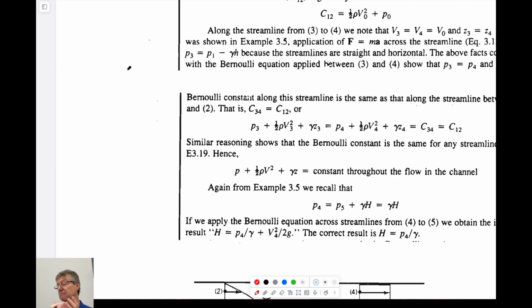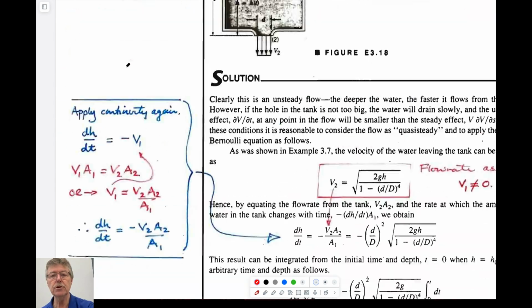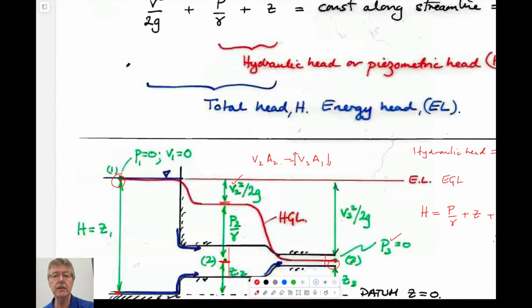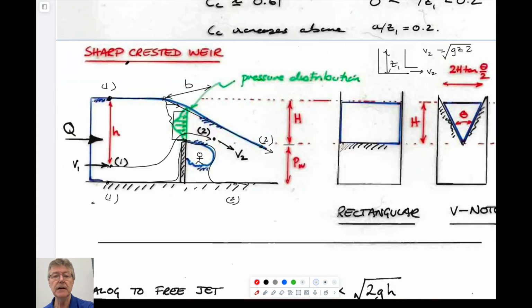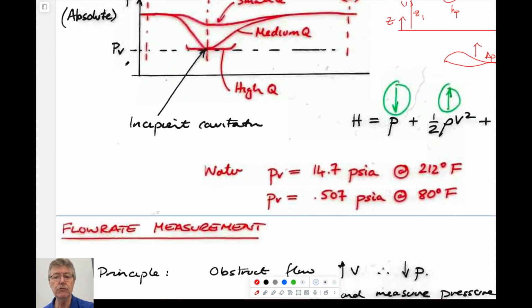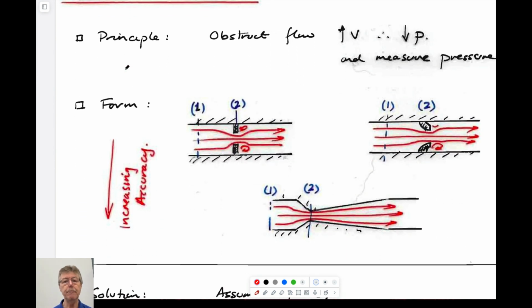If there are vortices, we may not be able to use it so well, but we've already alluded to the fact that in these Venturi flumes, even if you have a relatively rough transition, by putting a plate in here rather than a Venturi transition, you can still use Bernoulli to get the behavior upstream and downstream. And what else was there? Irrotational, incompressible, steady state. Was there a fourth one? There was, but I can't remember what it is. We can use it for that one as well.